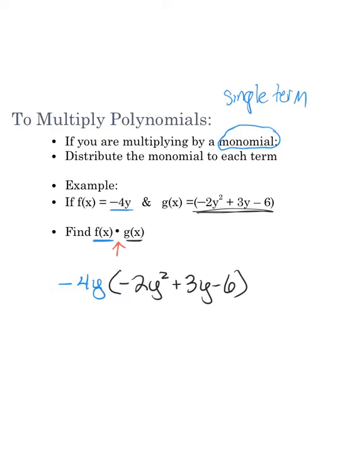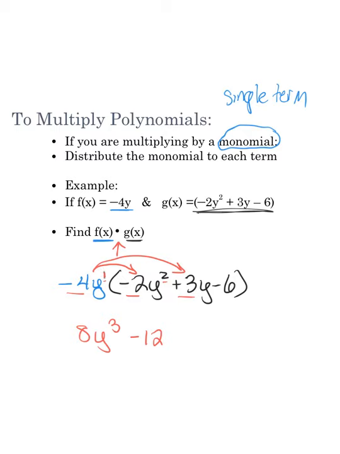Now, to multiply that, we distribute. Negative 4 times negative 2 is positive 8. And we're going to add the exponents. There's really a 1 there. So 1 plus 2 is 3. If we go to the second term, negative 4 times positive 3, that's going to give me negative 12.